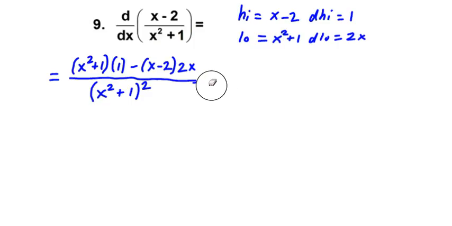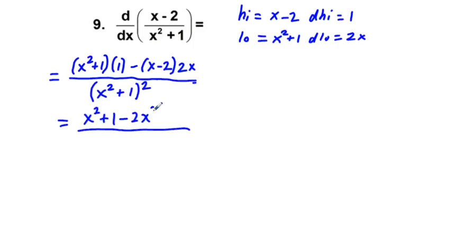Now, just simplifying, we're going to distribute this 1, so we're going to get, in the numerator here, x squared, and then 1 times 1 is going to be plus 1, and then we're going to have minus 2x times x, so that's going to be minus 2x squared, and finally, we're going to have minus negative 2 times 2x, so that's going to be plus 4x, and that's still going to be over quantity x squared plus 1 squared.